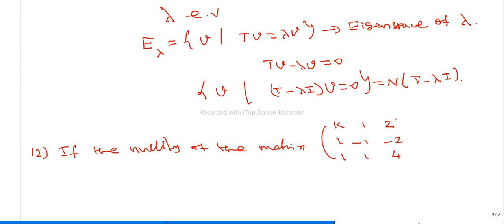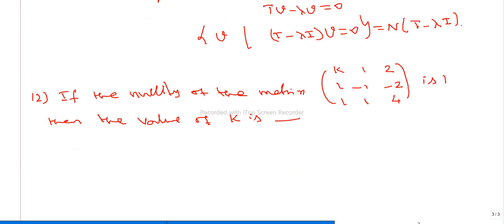Here k is unknown. Suppose the nullity is given as 1. Now what is the value of k? The options are minus 1, 0, 1, and 2.